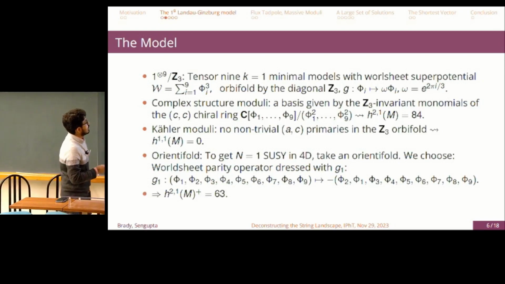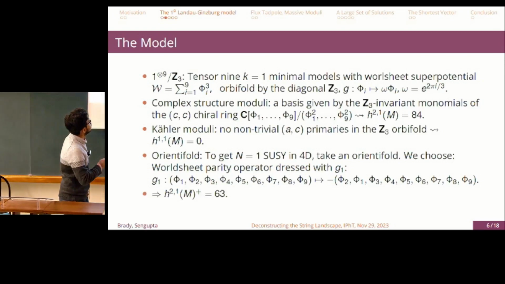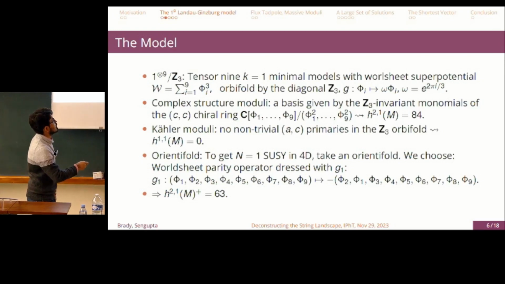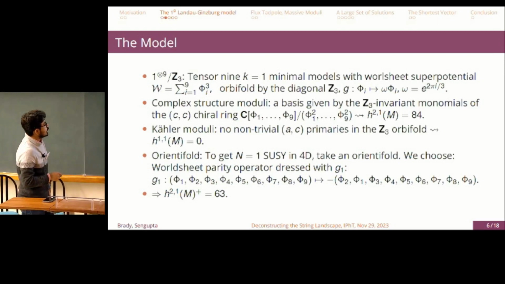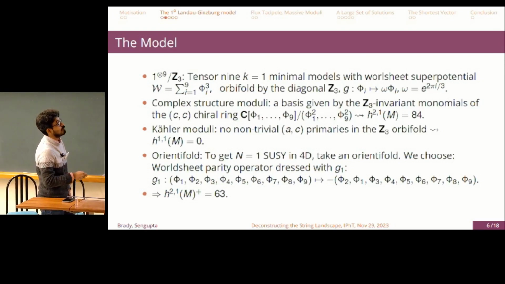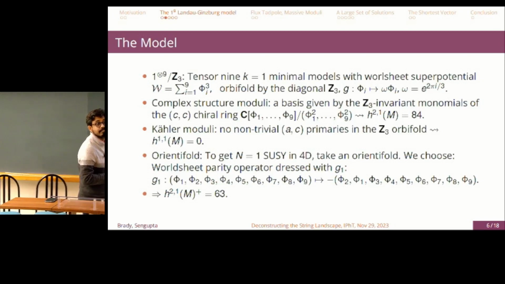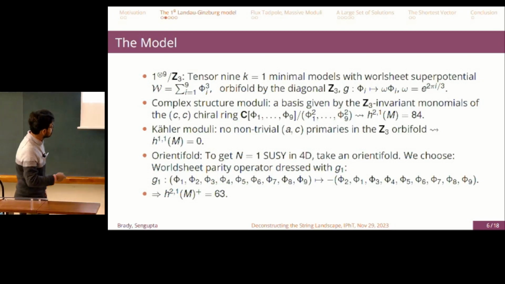And then one can compute how many of these complex structure deformations survive under the orientifold action. You can see that there are exactly 63 monomials of the ring, which are of the form phi i, phi j, phi k, where i, j and k are not equal. And you count there are 63 different combinations of this kind.